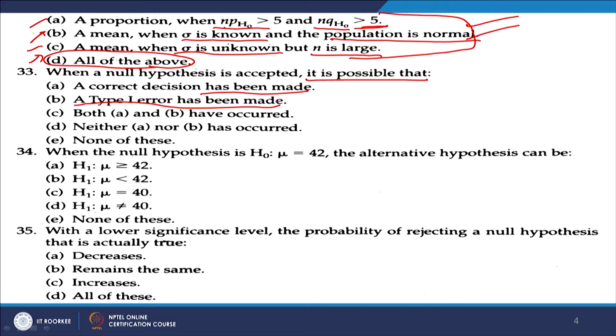Here you are not rejecting, a null hypothesis is accepted, so it is possible that a correct decision has been made, or a type 1 error has been made, or both A and B have occurred. It means a correct decision has been made and a type 1 error has been made. This is the C part. D part, neither A nor B has occurred, or none of these. So what would be the right answer?